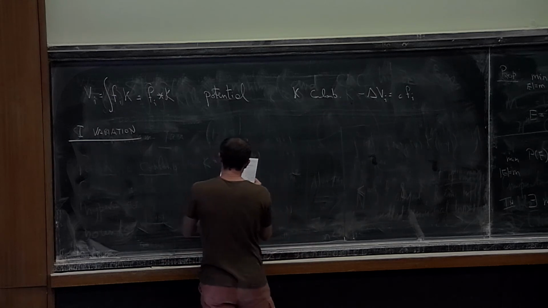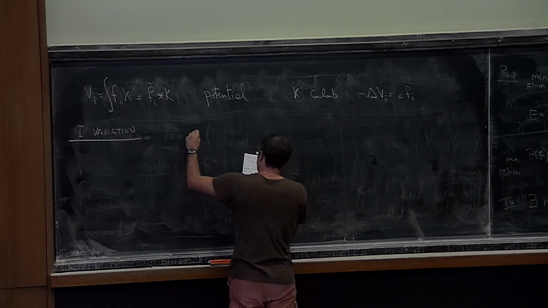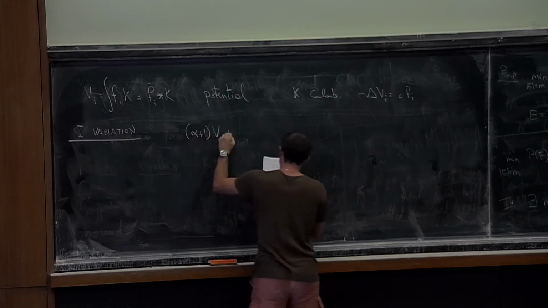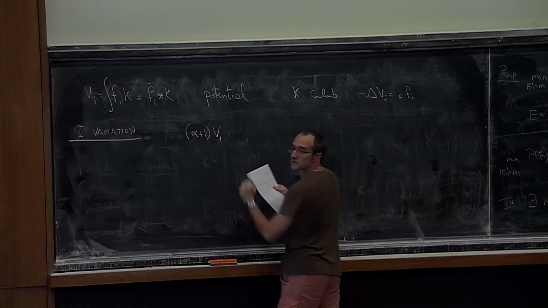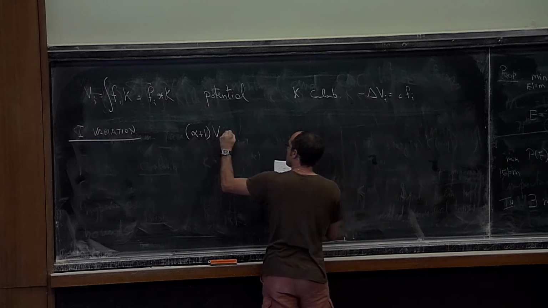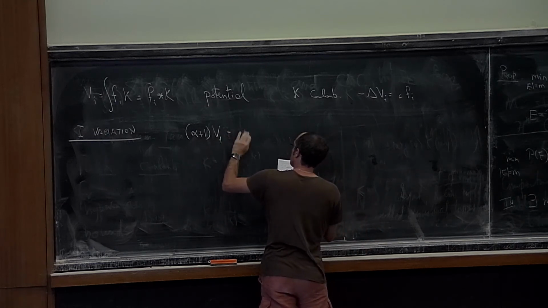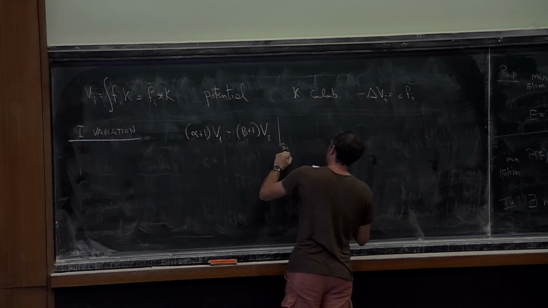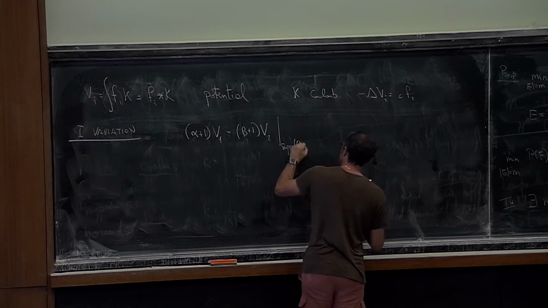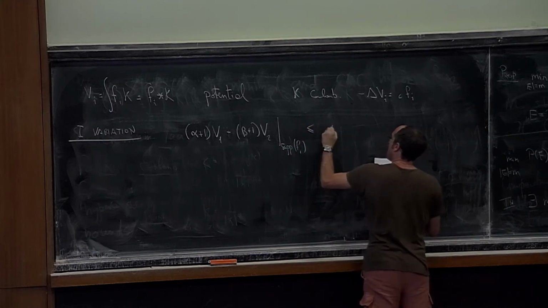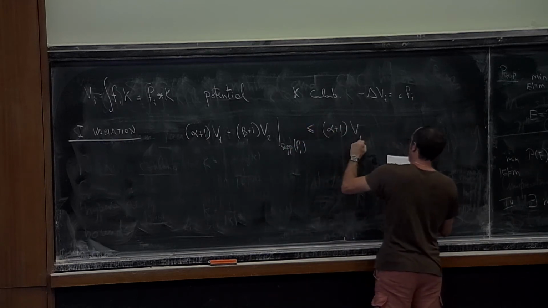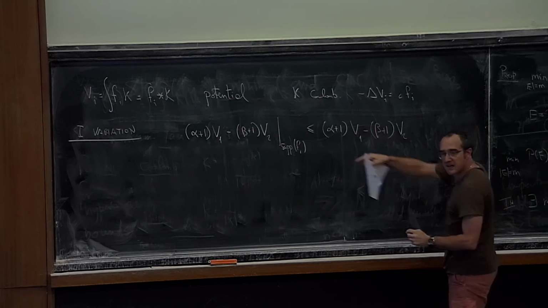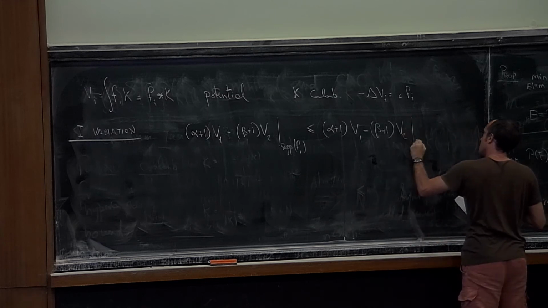The first variation in particular gives something more, but I write something which is maybe significant: a combination of the two potentials, alpha plus 1 V1 minus beta plus 1 V2, on the support of the first phase is less than alpha plus 1 V1 minus beta plus 1 V2 at every point of the other phase.